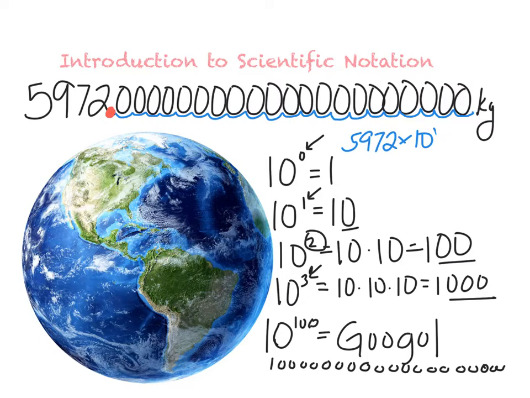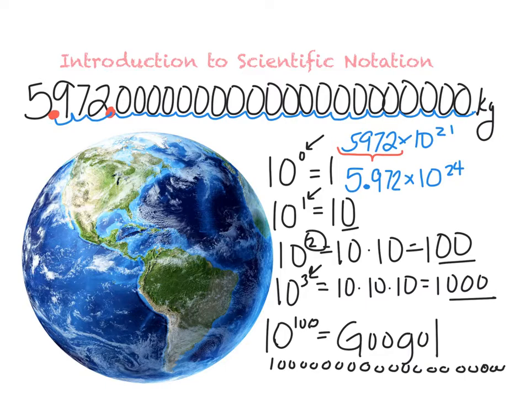But what scientists like, and how we represent scientific notation, is this part right here, which is essentially considered our coefficient. We like this to be between 1 and 10. So the way we get that between 1 and 10 is I'm going to move the decimal point 22, 23, 24 times. So my new decimal point is going to be between the 5 and the 9. And this way, my coefficient is 5 and 972 thousandths times 10 to the 24th power.